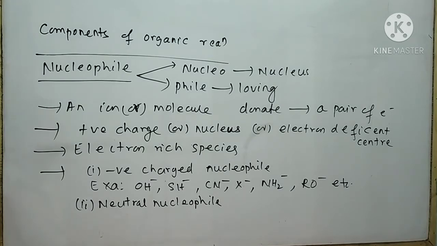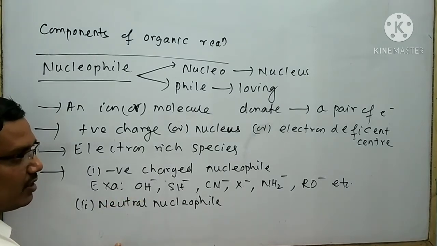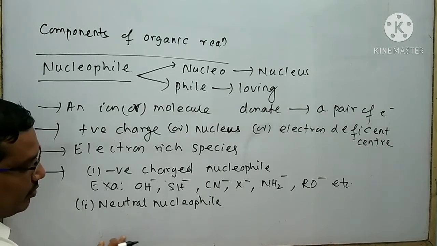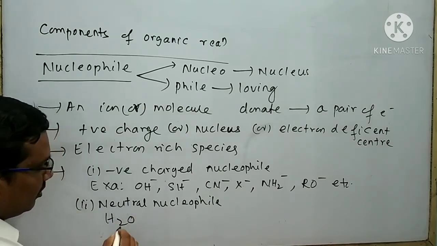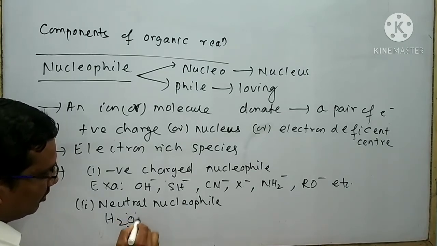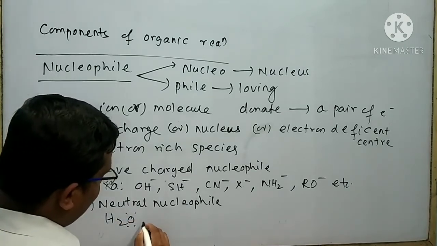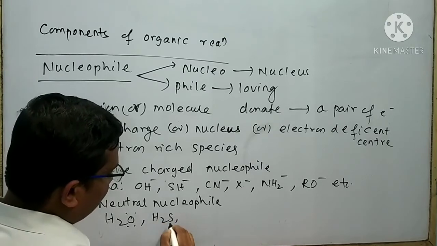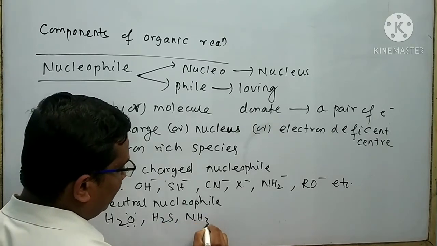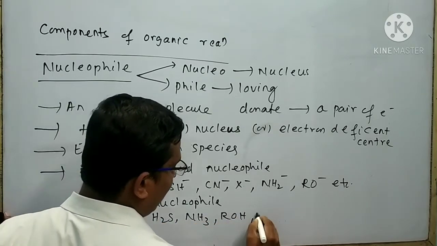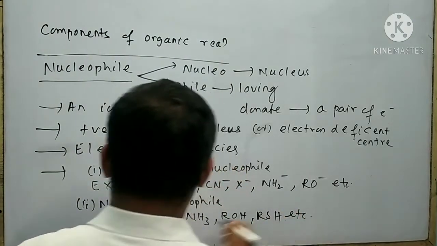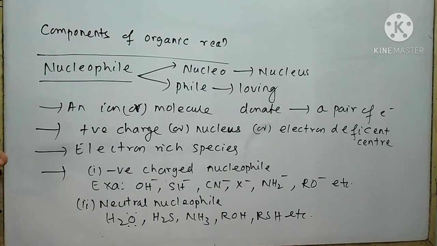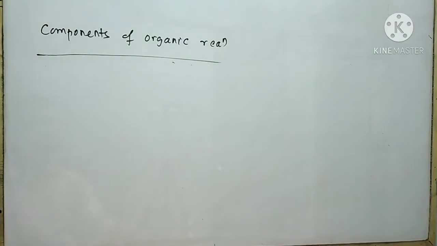They generally belong to neutral nucleophiles. An example of a neutral nucleophile is H2O. Here a lone pair is present over the oxygen atom. Similarly, other examples are H2S, NH3, ROH, RSH, etc.